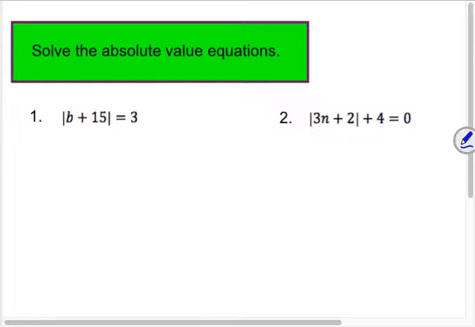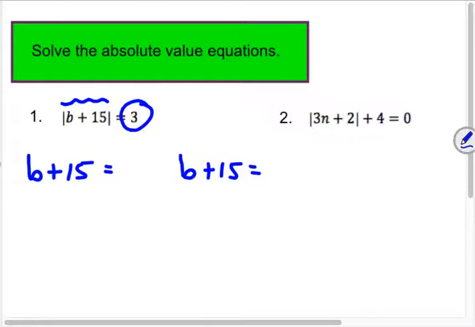Okay, solve the absolute value equations. First step, isolate the absolute value. This one's already isolated. And it's equal to a positive number, that's key. If it's equal to a negative number, it's not going to work. So basically take b plus 15, everything inside there, and set it equal to that positive number 3 and the negative.